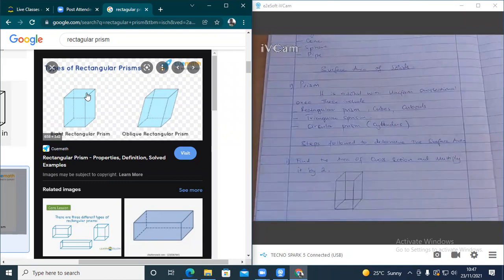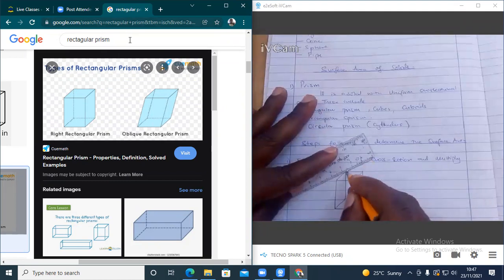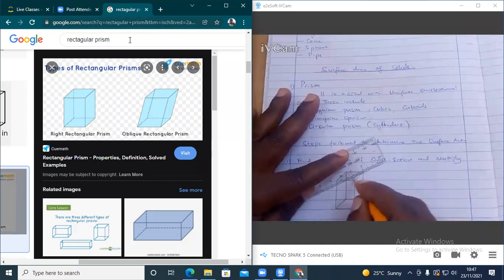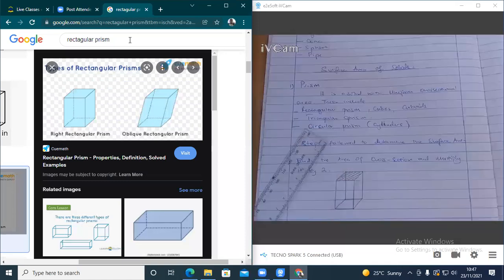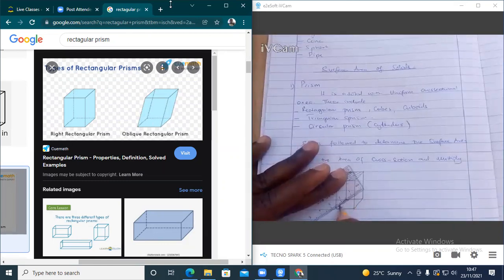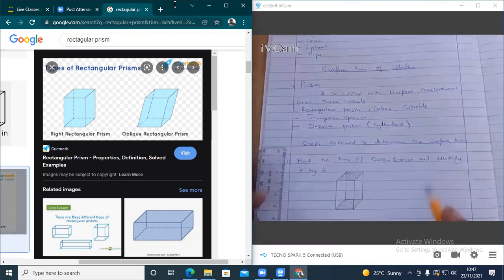So what is the cross section? This is the cross section, this part here that you're seeing. Let me shade it for you. You find the area of that, and you multiply it by 2 because there are 2 cross sections.